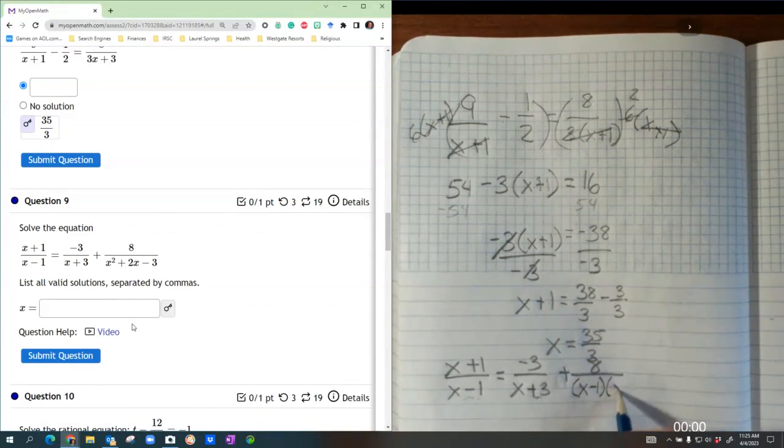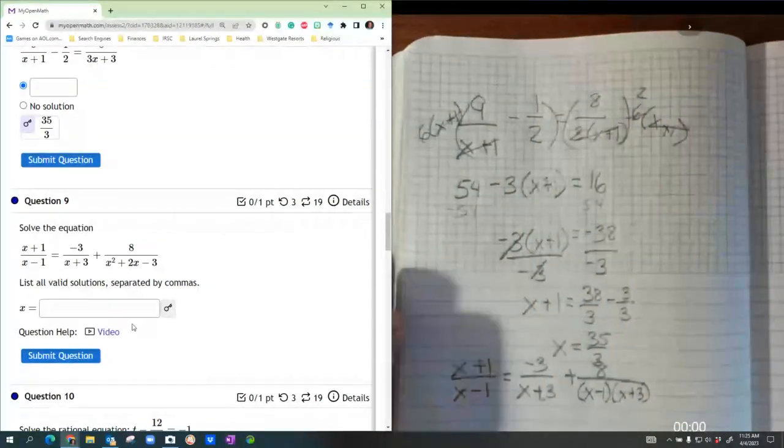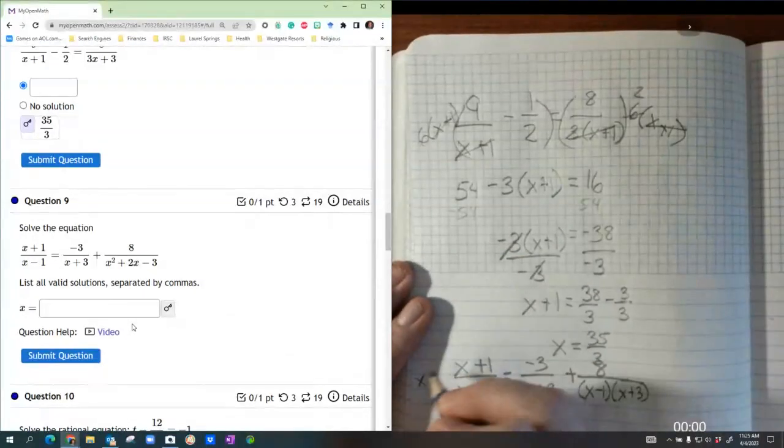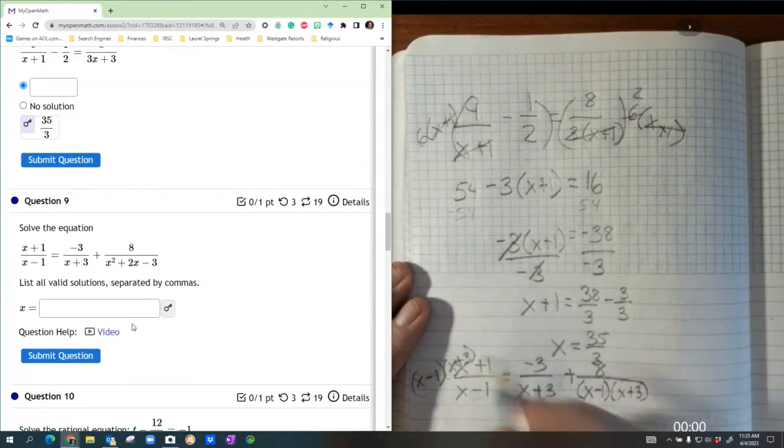That happens a lot with these because they know they're going to ask you to multiply both sides by the factor, or the LCD. So we multiply this side by that.